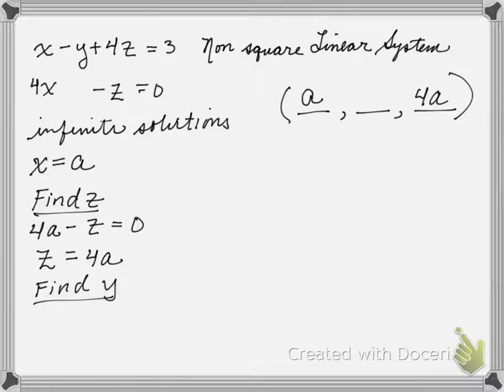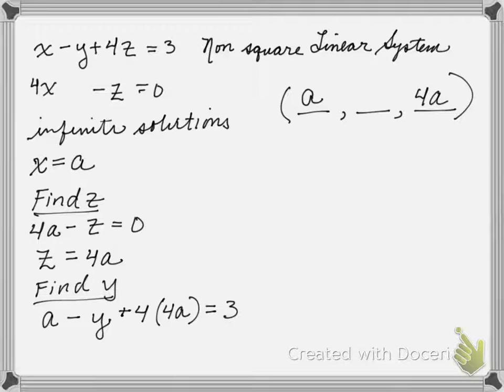So x, we have determined, is a, and then minus y is what I'm looking for, and then plus 4, and I've determined that z is 4a, equals 3, and then we will solve for y.